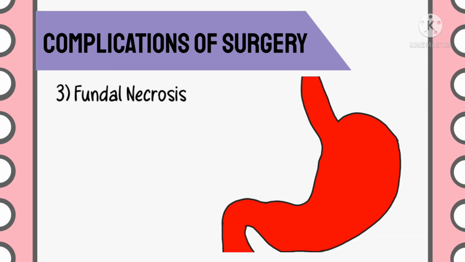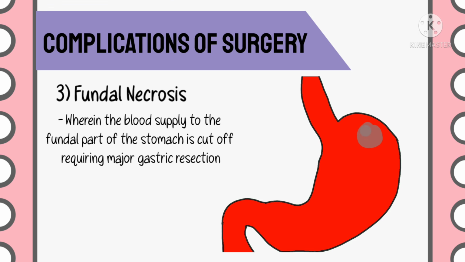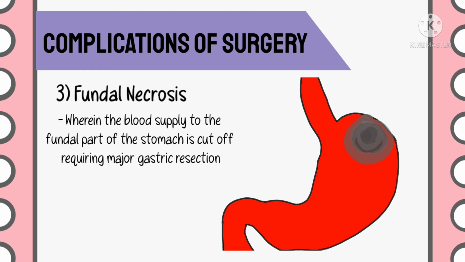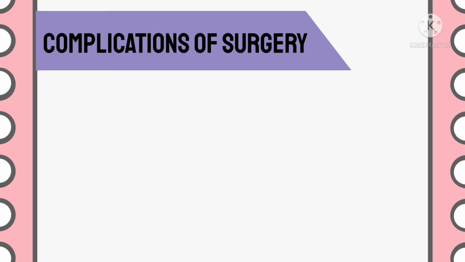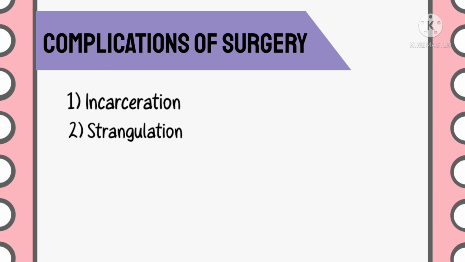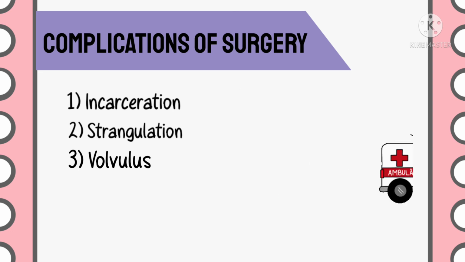Fundal necrosis is wherein the blood supply to the fundal part is cut off, which is a very important surgical emergency requiring major gastric resection. The complications of the disorder itself consist of incarceration, strangulation, and volvulus, that is, twisting of the stomach, which is again a very fatal condition requiring immediate attention.